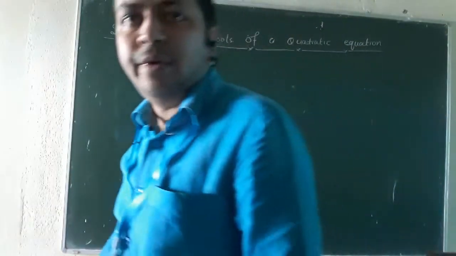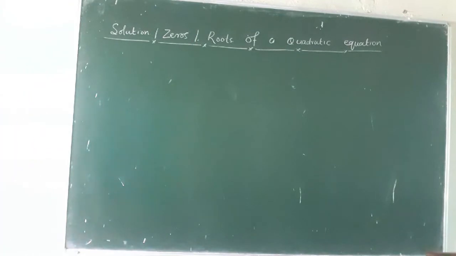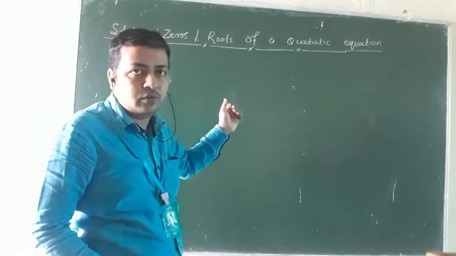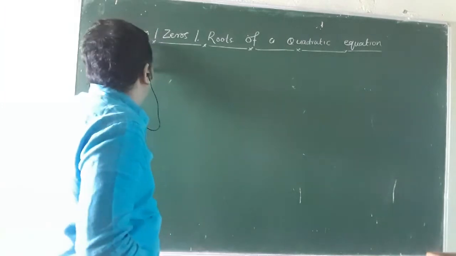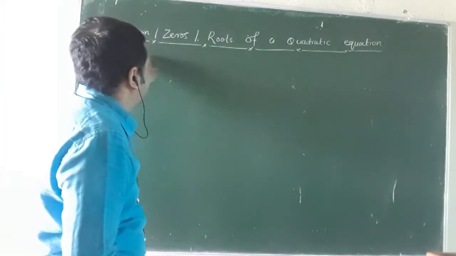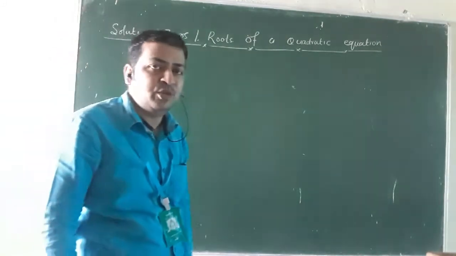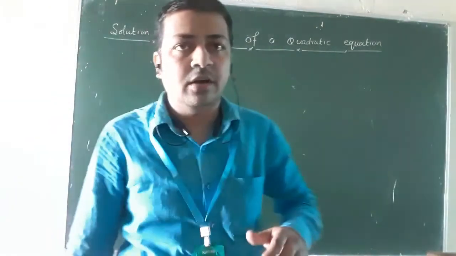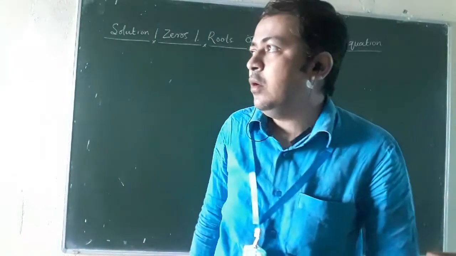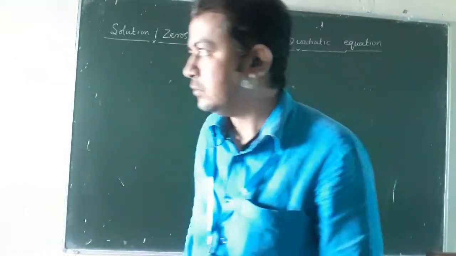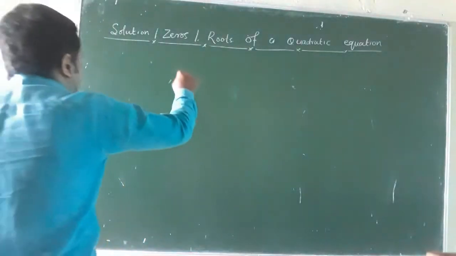Now here, students, the second term related to quadratic equations is solution, zeros or roots. All are the same thing. You can say that all are synonyms of each other. What is the actual meaning of solution, zeros and roots of a quadratic equation?